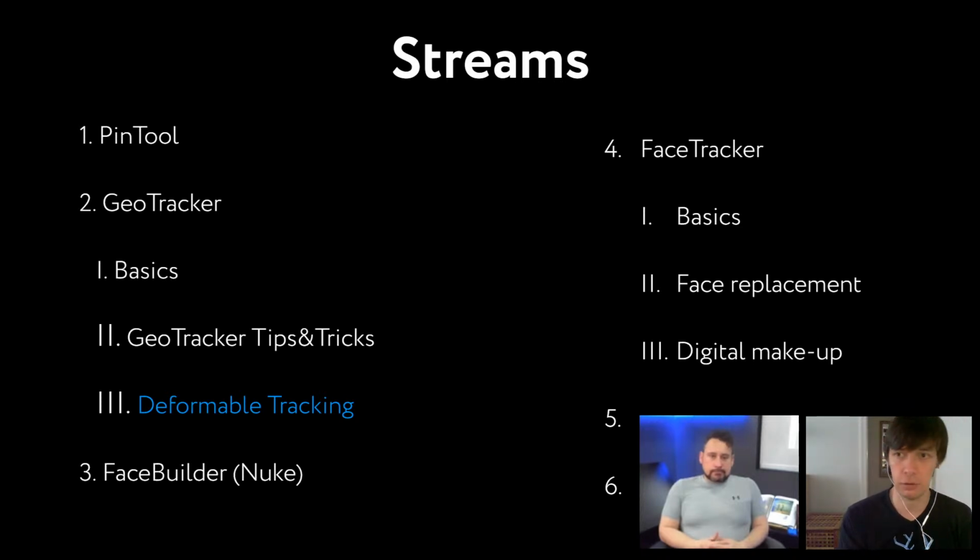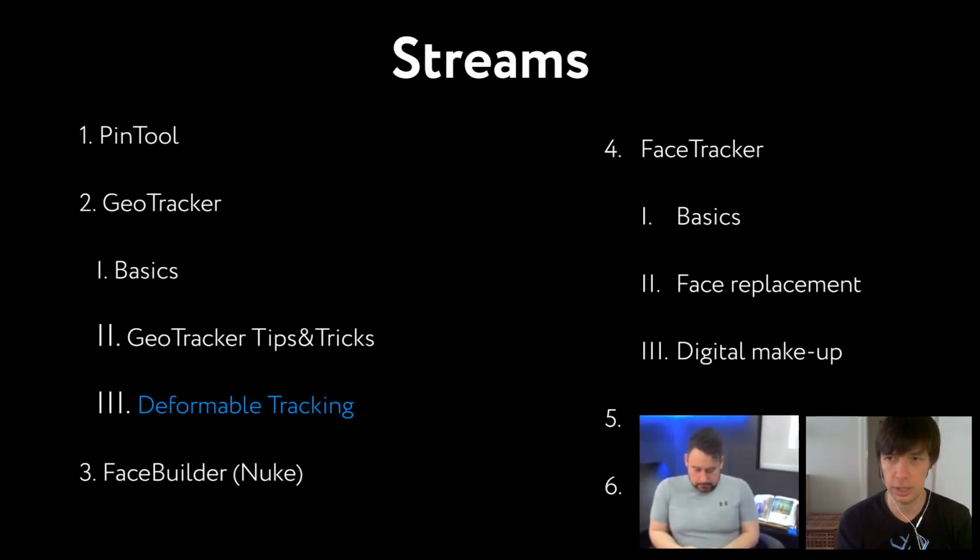The first one covered some basic stuff and then some advanced tips and tricks, and the last one about GeoTracker was about tracking of deformable objects. Next time we're gonna switch to faces, and there will be a series of streams about face building, face tracking, and so on, all of this inside Nuke.